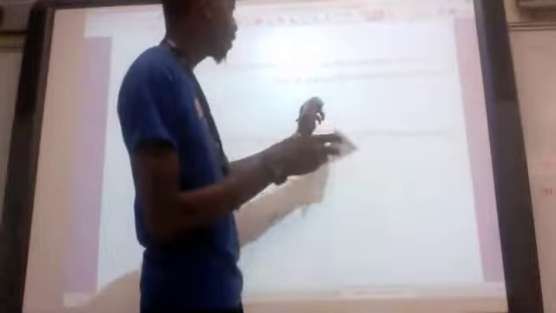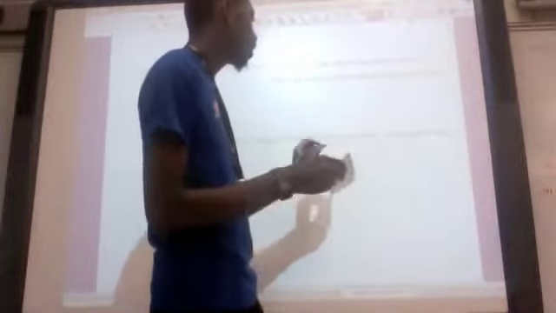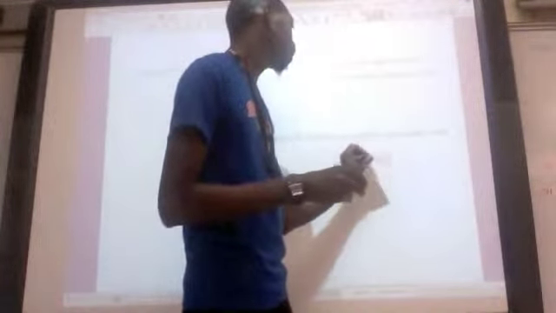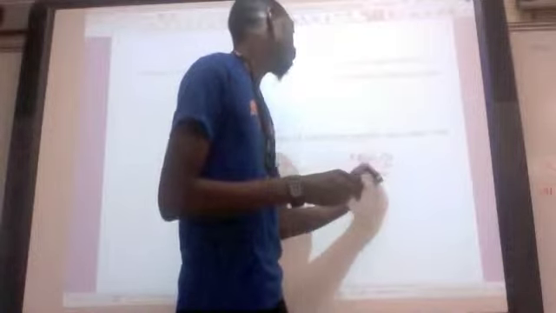Alright, number 11 asks us to use the recipe. The question asks how many cups of sugar are needed for 1 egg. So we're measuring sugar to eggs.